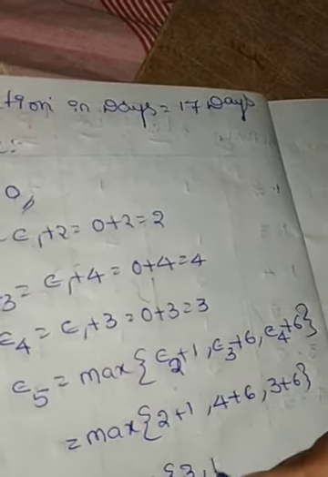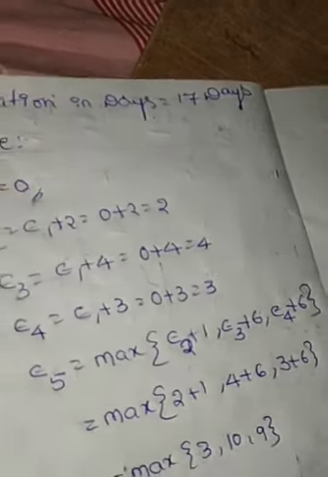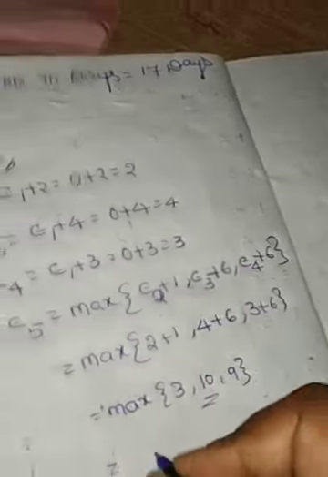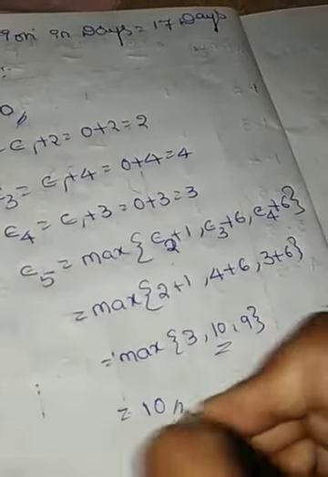Maximum of 3, 10, 9, which is the maximum value? 10. So we take 10.